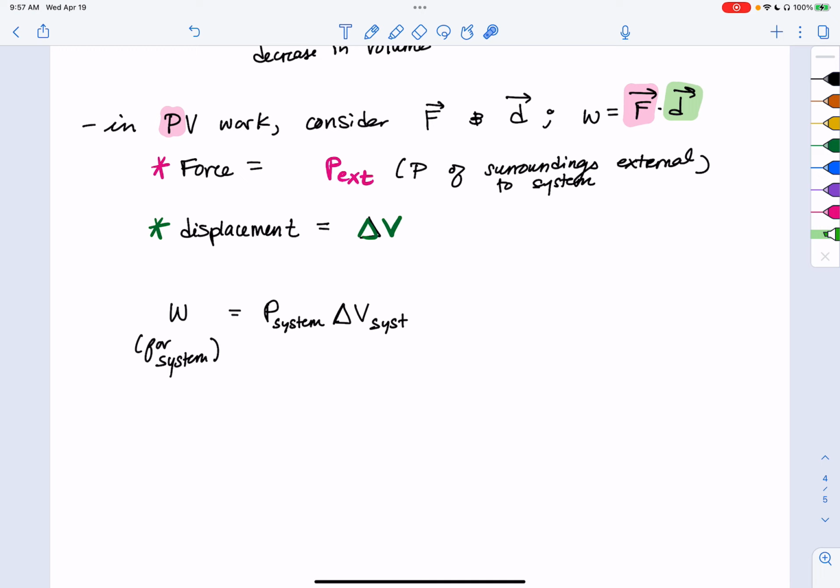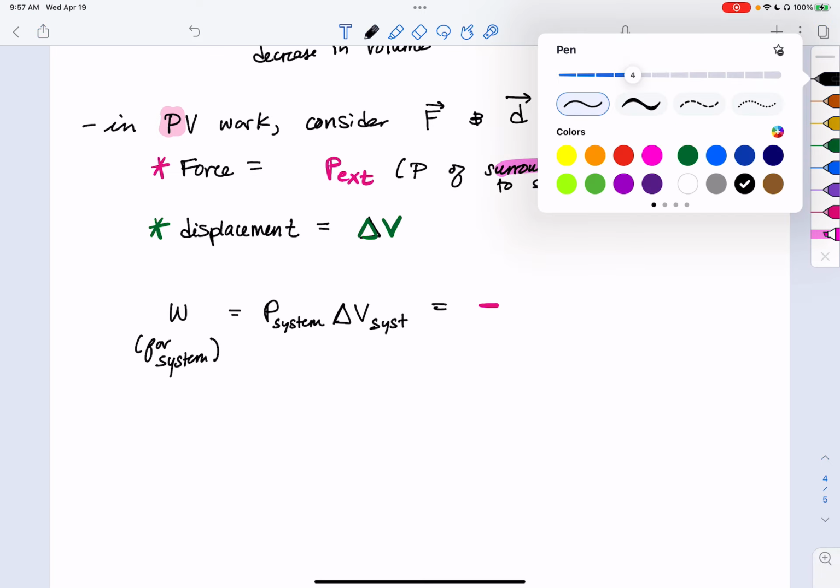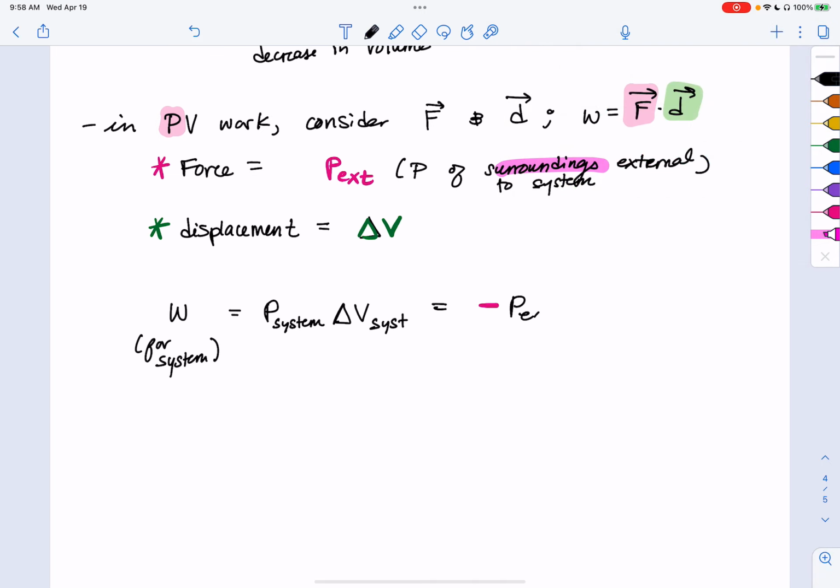Atmospheric pressure, typically. So if I were to rewrite this to take into account that this is for the surroundings, then I would have to just flip the sign. So I would see a negative P external times change in volume of the system.